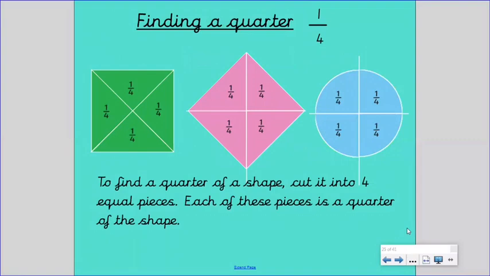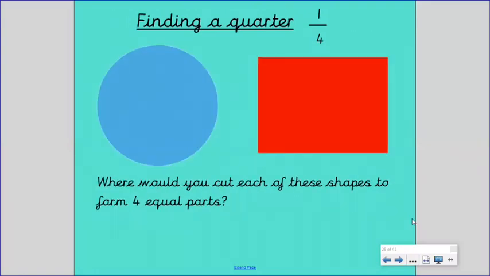Okay, finding a quarter. Now, to find a quarter of a shape, you cut it into 4 equal pieces. In each of these pieces is a quarter of the shape. Where would you cut each of these shapes to form 4 equal parts? You can pause the screen here and have a think. Are you ready? Let's go through it.